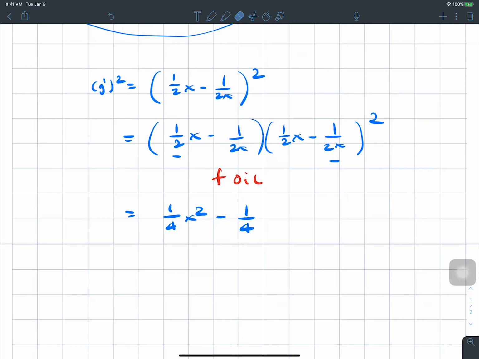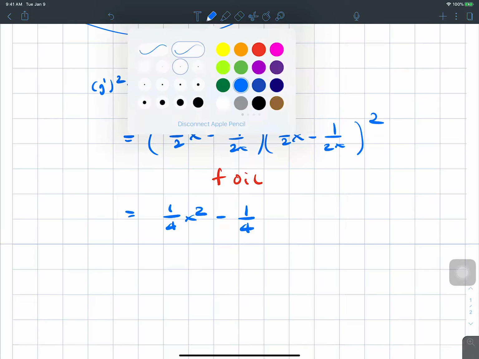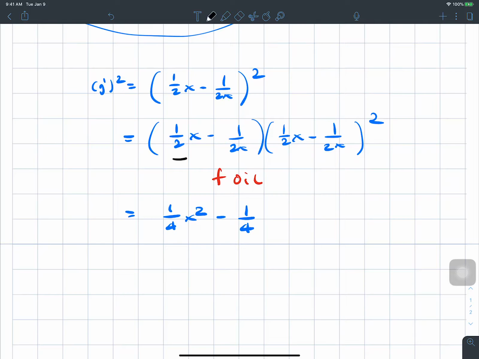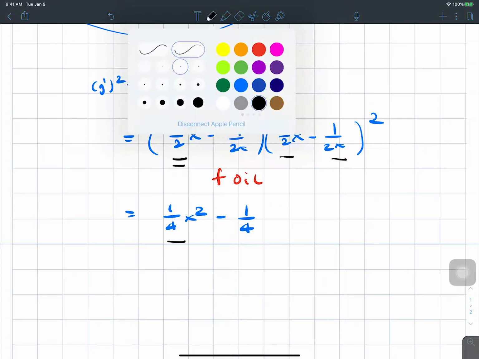Let's go back a bit. You guys know FOIL. First terms, we got 1/4 x squared. Outer terms: you can think of this one as just x over 2 times that negative 1 over 2x. So we get really negative 1/4. So you guys know that algebra.